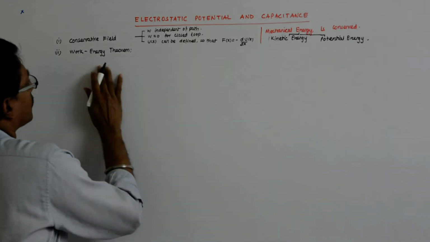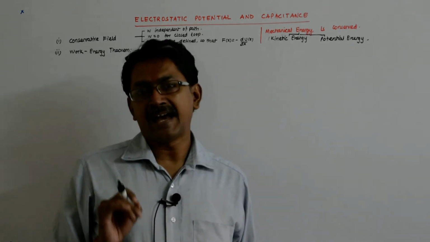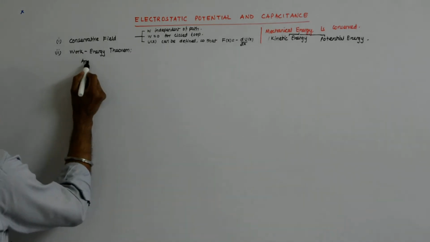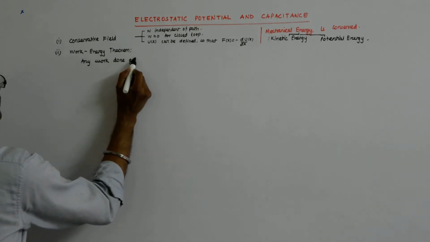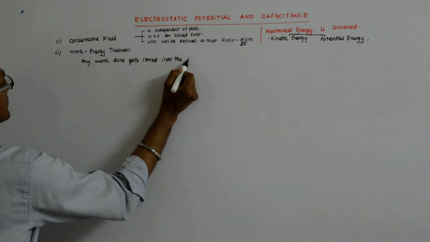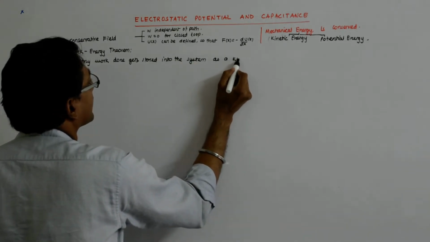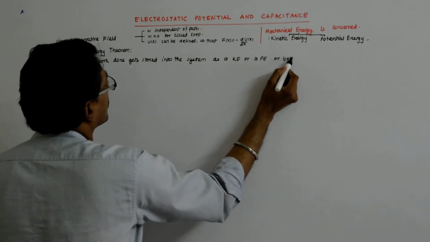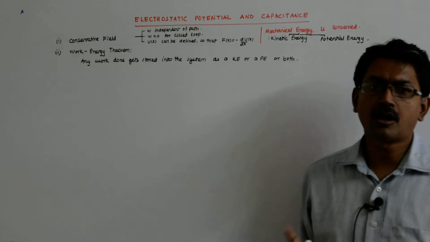It says that whatever work you do gets stored into the system as a KE or a PE or both. Now it depends on you. Okay, it does not go waste.